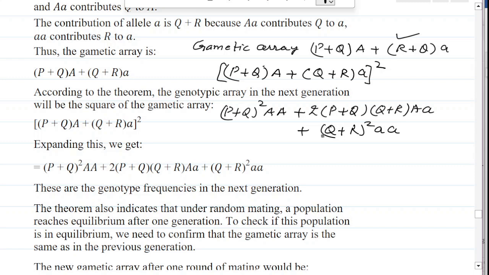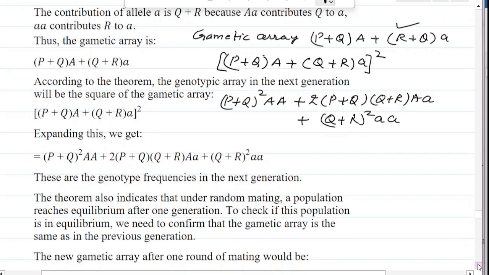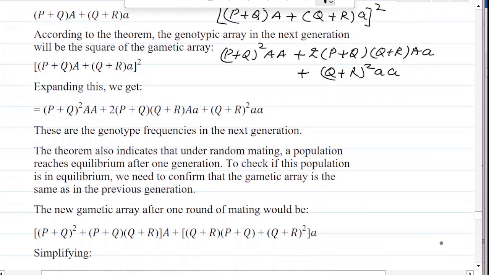So this theorem also indicates that under random mating, a population reaches equilibrium after one generation. Whether it reaches equilibrium or not, we confirm that we will get the same gametic array as in the initial population. So this is the genotypic array in the next population.